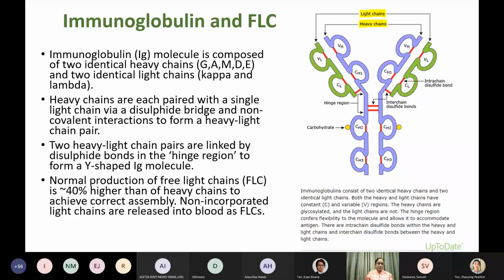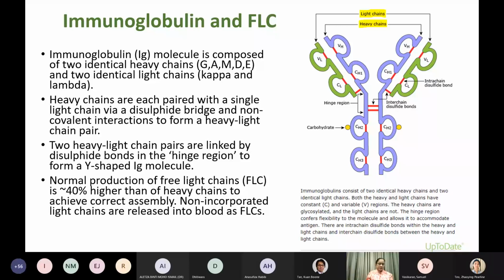So, a normal immunoglobulin molecule is composed of 2 identical heavy chains and 2 identical light chains, either kappa or lambda. Heavy chains are each paired with a single light chain via disulfide bonds to form a heavy light chain pair, or half of the molecule. 2 of these half molecules are linked by disulfide bonds in the hinge region to form a Y-shaped immunoglobulin molecule.